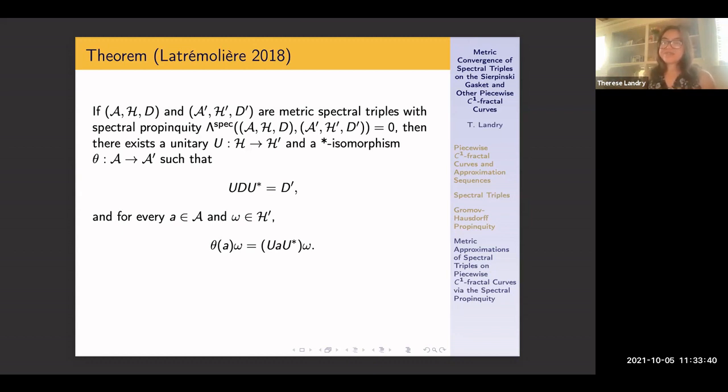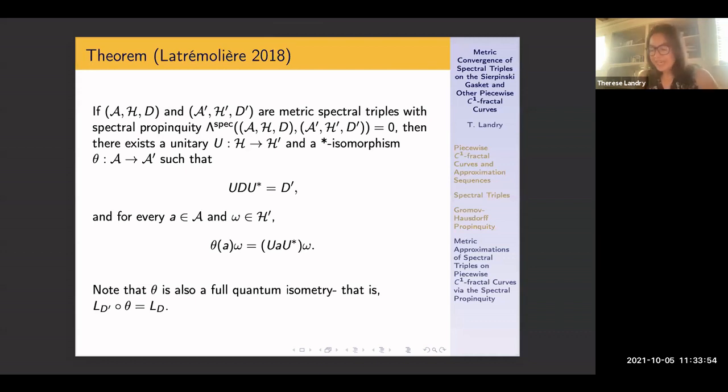So getting unitary equivalence of the Dirac operators means that you also get super strong equivalence with the spectrum. And also, of course, because this is an extension of the propinquity metric, we also get a strong form of equivalence between the underlying quantum compact metric space structures, in terms of how the semi-norms play with each other in this particular way.